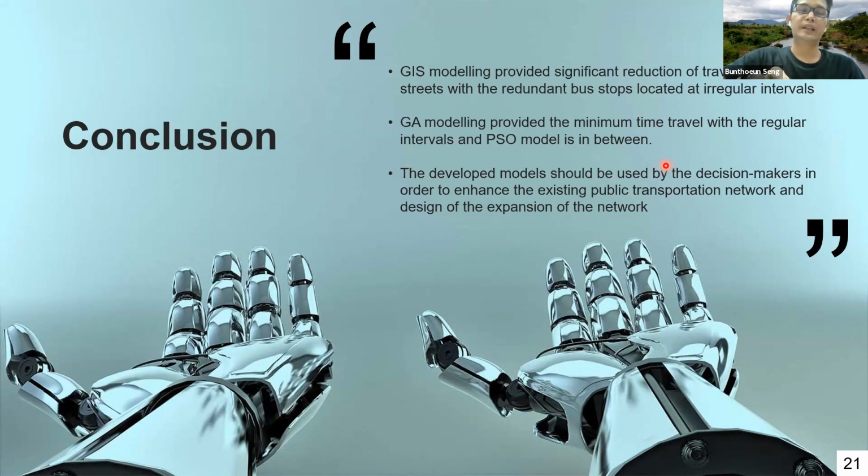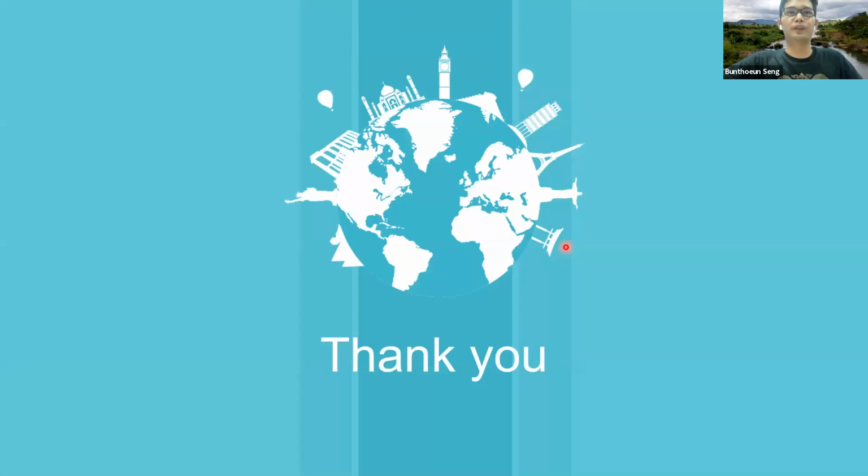It provides time travel with GS. And it is significant that this model should be used by the decision maker in order to enhance the existing public transportation network and designs of the expansion of the networks. That's all from me. Thank you, Professor.